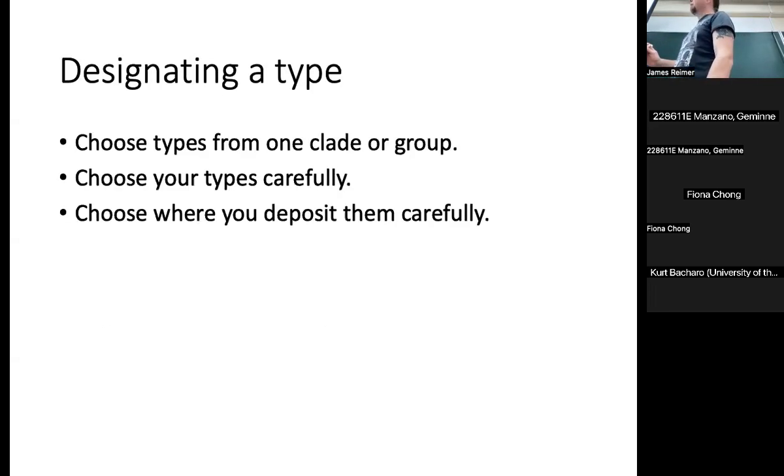The other thing, I talked about this in other classes as well, is if you have molecular results and you have one species and there are different genotypes or different clades or subclades or groups, choose your types from one clade or group, because otherwise there's a chance that you have types with mixed species and it makes a mess.